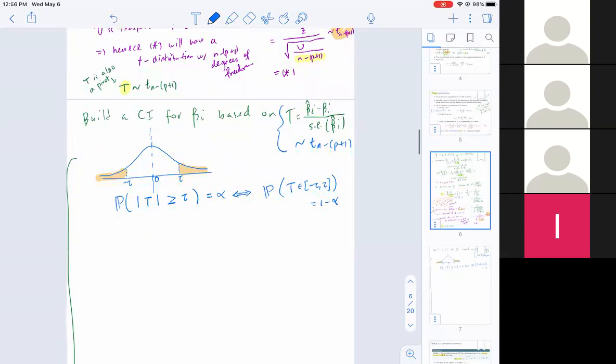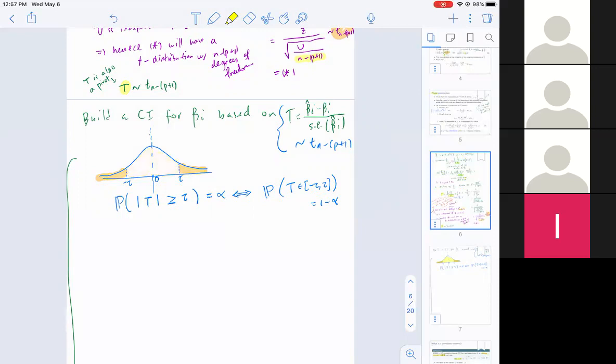So t can take both positive and negative values. t is distributed like a normal, it takes positive and negative values. It's not necessarily positive. It looks like a normal distribution, but the tails are a bit heavier. Just like a normal distribution centered at 0, it can take positive and negative values with equal probability.